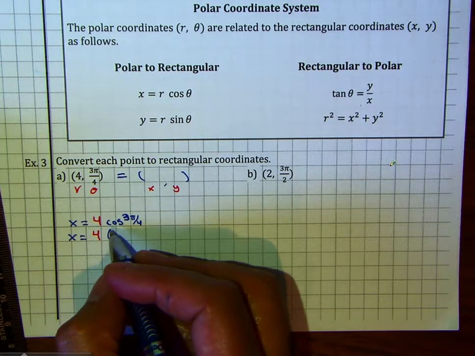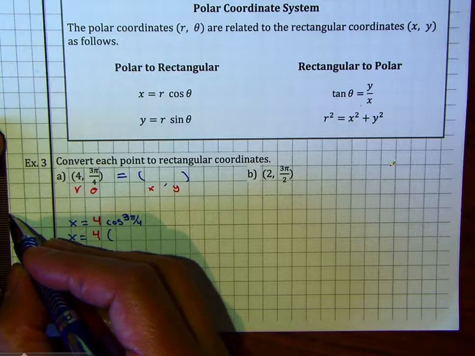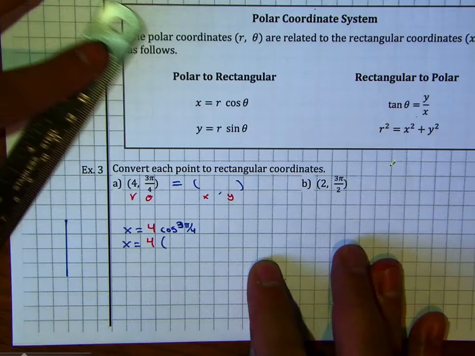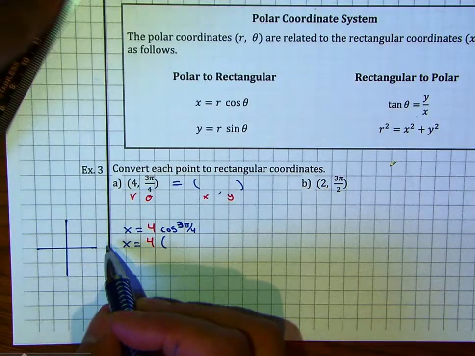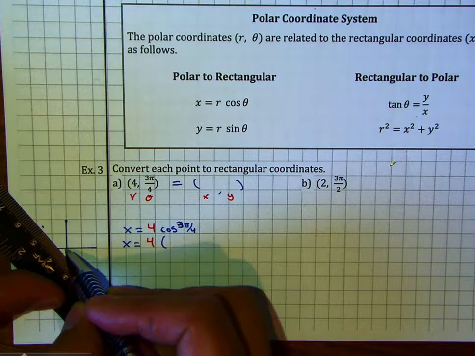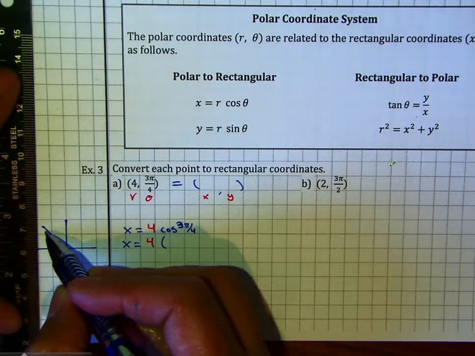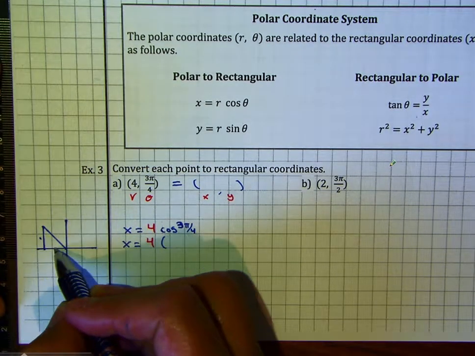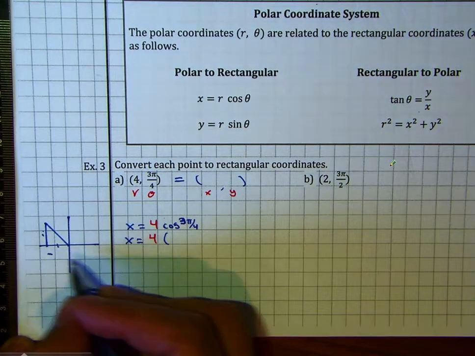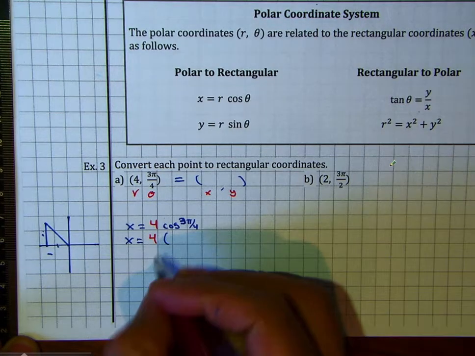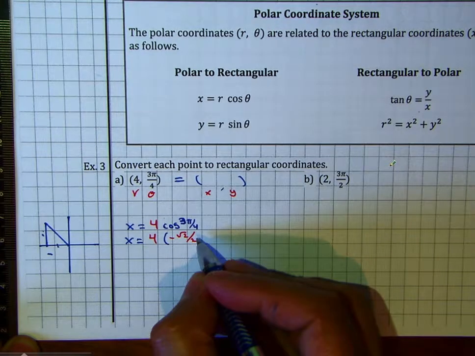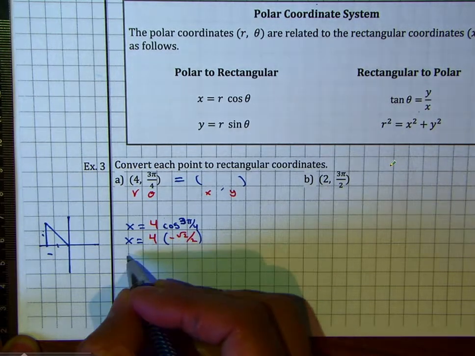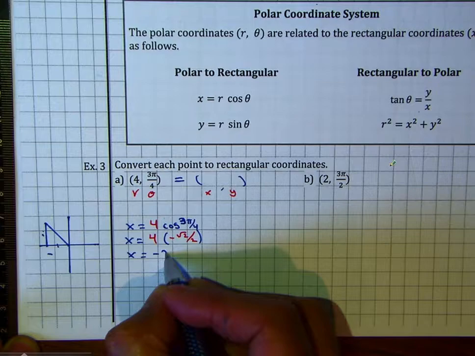So remember that you can just make a quick x and y axis. 3 pi over 4 is over here. Your cosine and your sine have the same value, but this is going to be negative square root of 2 over 2. You simplify, so it gives you x equals negative 2 square root of 2.